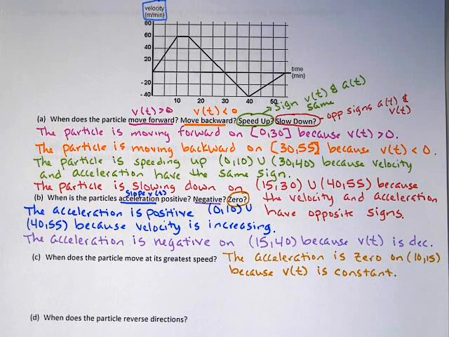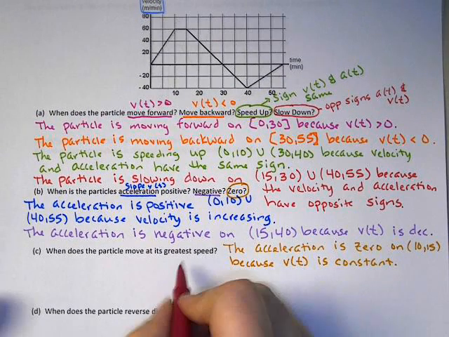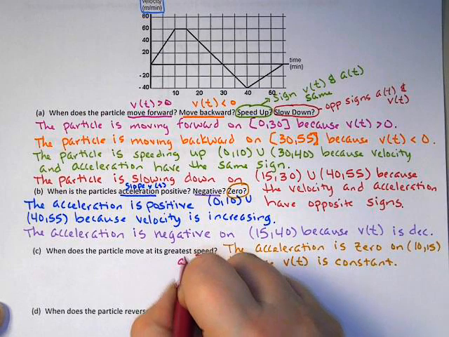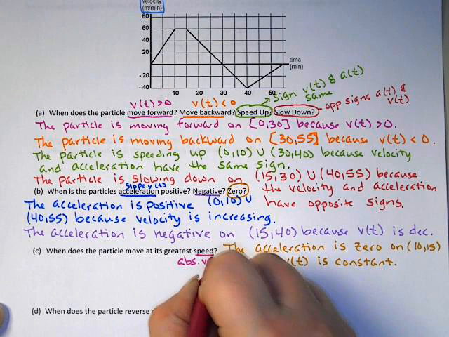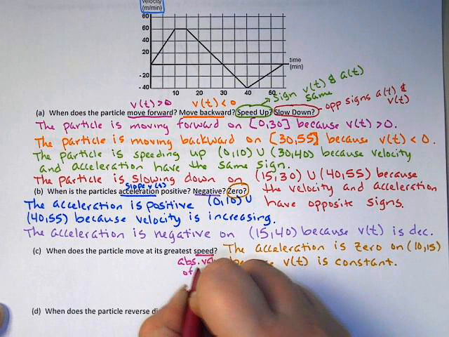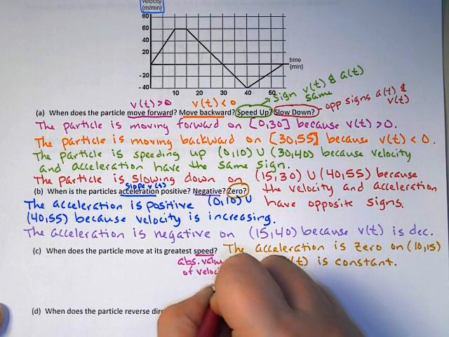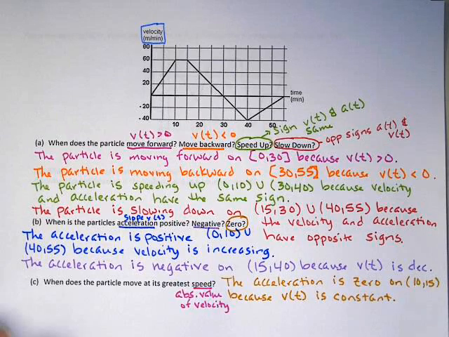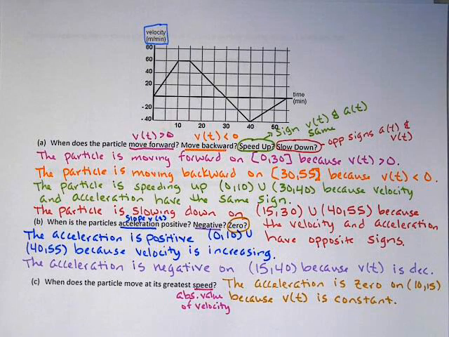All right, moving along here. When does the particle move at its greatest speed? Well, we know that speed is the absolute value of velocity. And we're given the graph of velocity. So we want to look at the highest that the velocity goes, regardless of the sign.